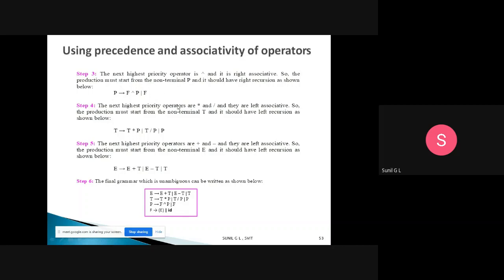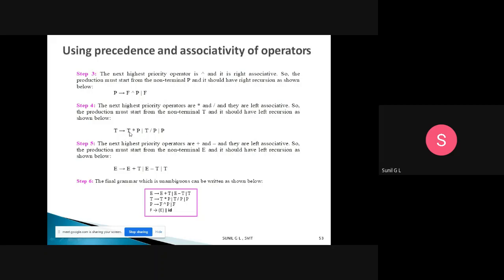Next precedence is star and division. That is also left associative, and it will be represented using non-terminal T. Since this is left associative, it should have left recursion, which means T should come on the left.